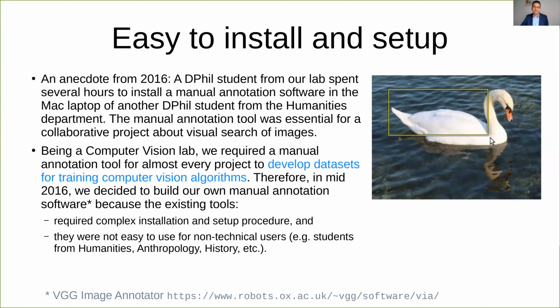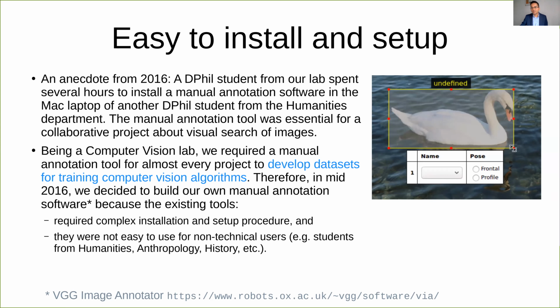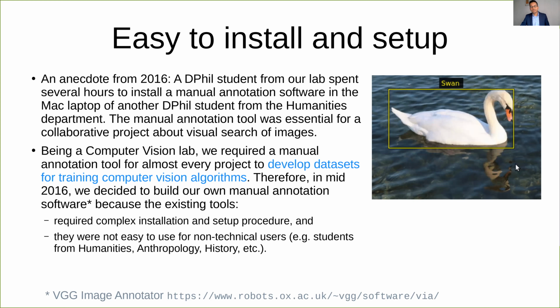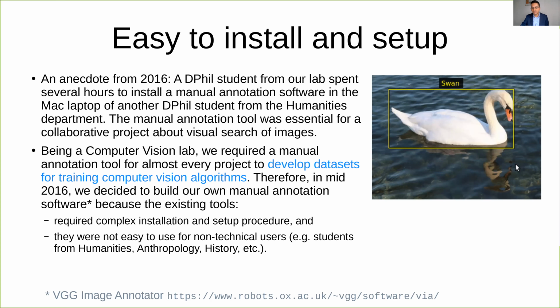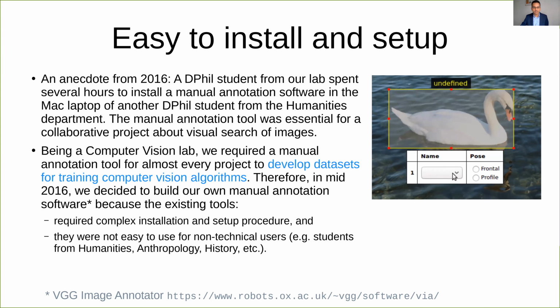Being a computer vision lab, we need a manual annotation tool for almost all our projects, because we use these manual annotation tools to develop data sets that are used to train computer vision algorithms. Therefore, in mid-2016, we decided to build our own manual annotation tool because the existing tools were extremely difficult to install and set up for a non-technical user.